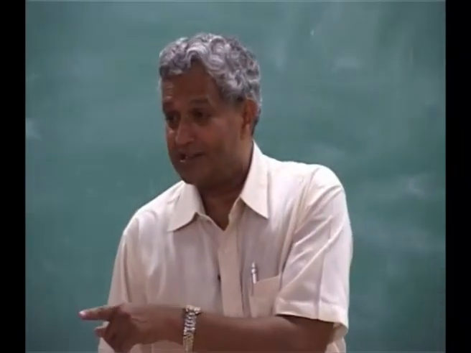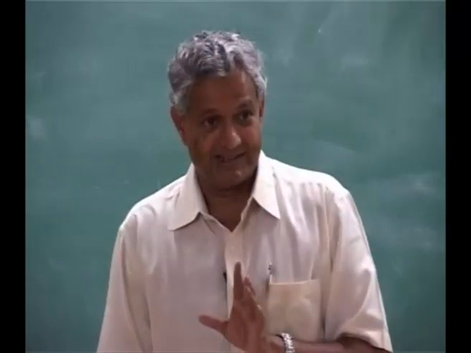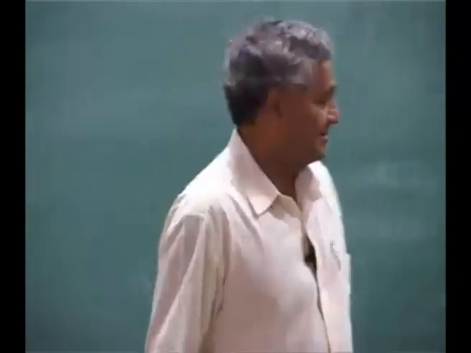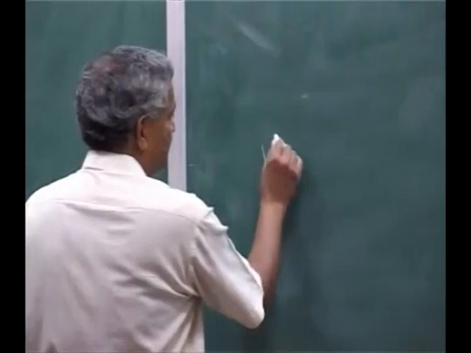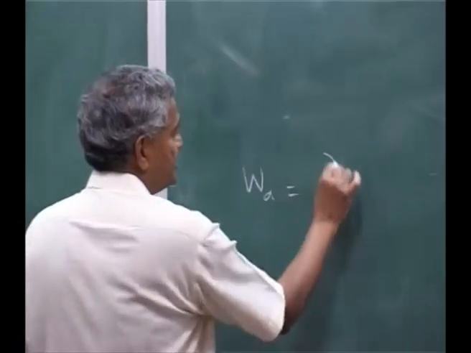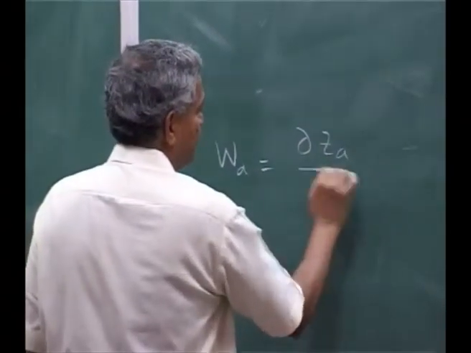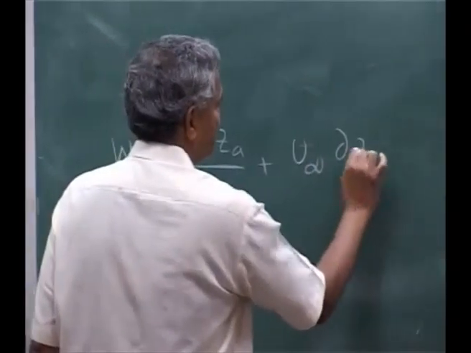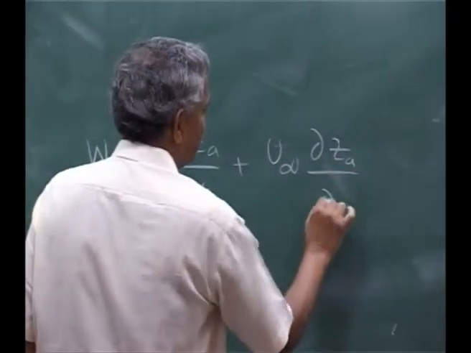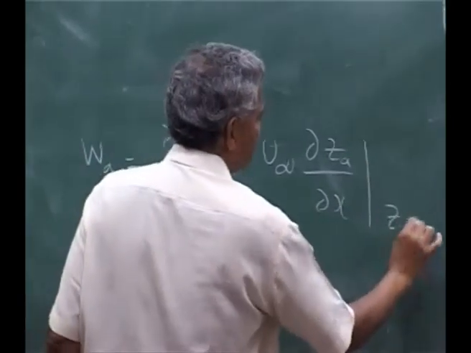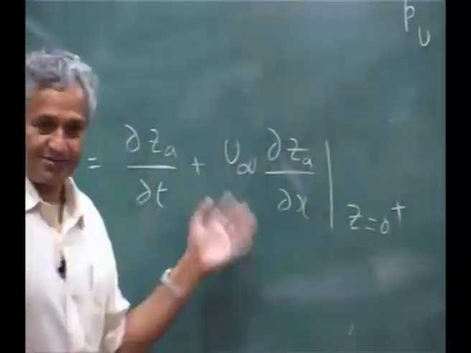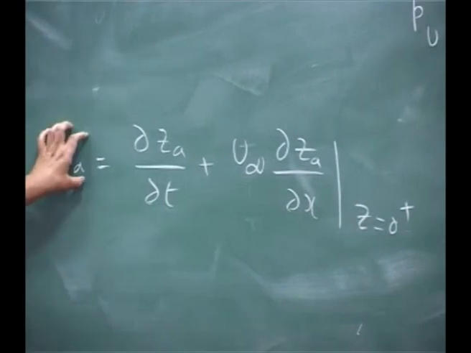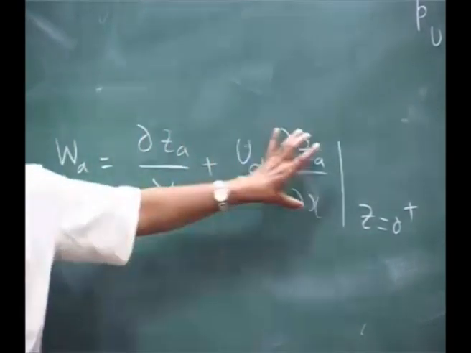Motion of the aerofoil is given by Z_A. Please understand, that's why you should not confuse it. Because you remember we wrote W_A as delta Z by delta T plus U infinity delta Z by delta X at Z equal to 0 plus minus. This is flow velocity, this is the body velocity.